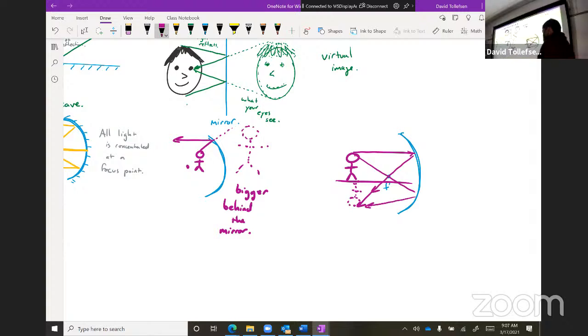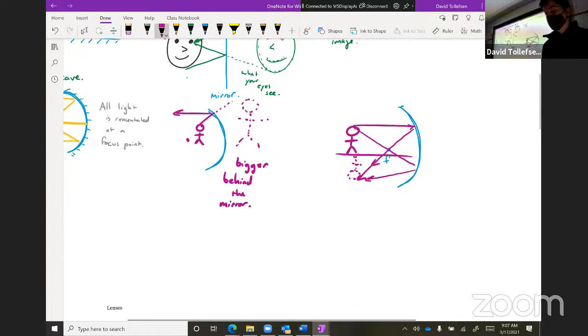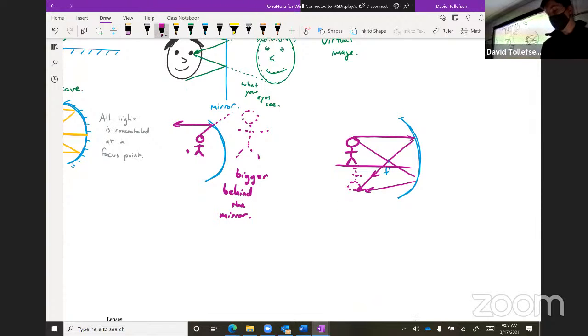So it usually only works with things that give off their own light when you're projecting. There, you get a projected image in front of the mirror.